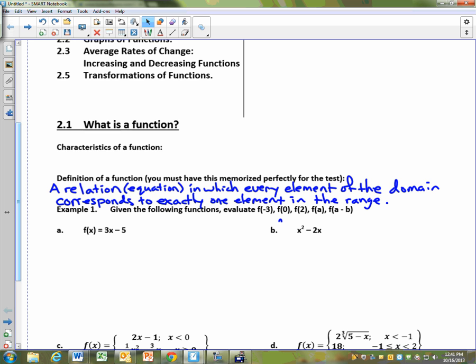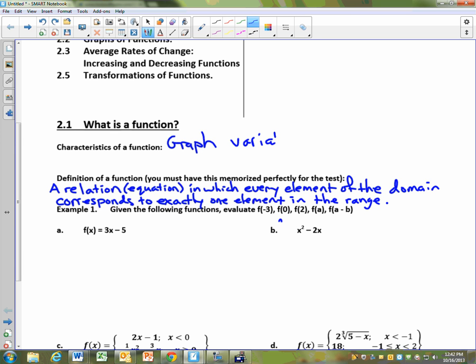Function. If you hear the word function, what do you think of? Graph, sure. What else do you think of if you hear function? Variables? Oh, good. You think about f of x equals something? Good. Anything else?